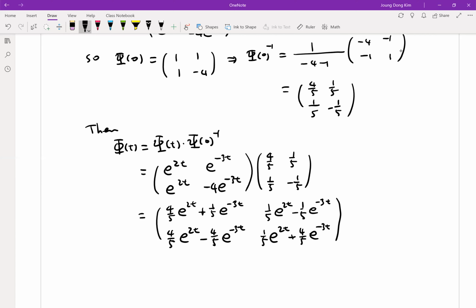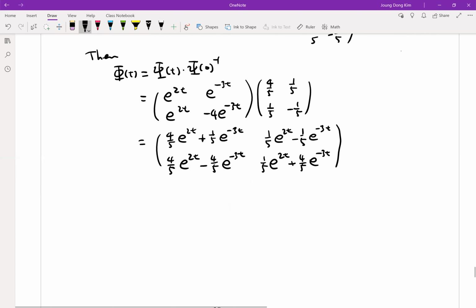Then what is the solution? It is equal to phi t times x0.